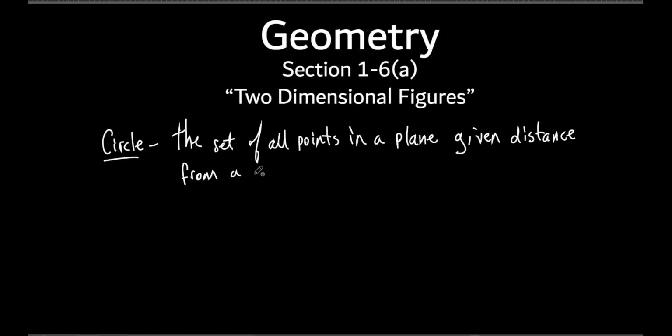That clears it all up, doesn't it? You're like, yeah, sure. I still don't have any idea what it means. And we call that point the center. The center of the circle.